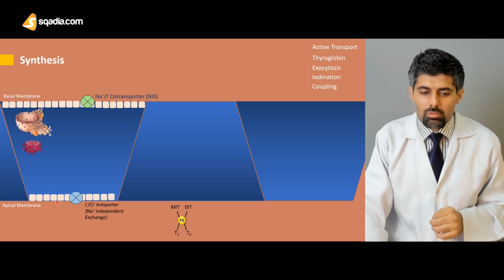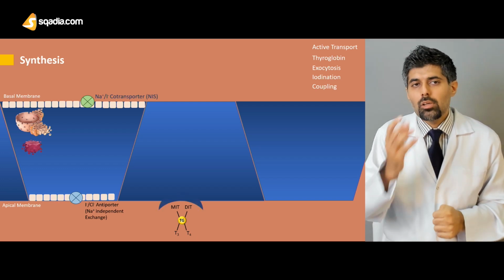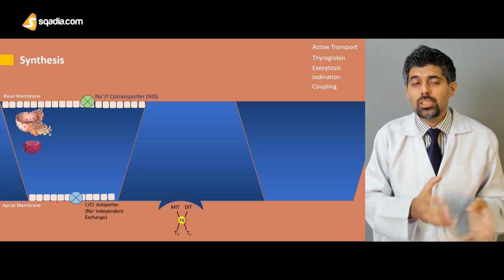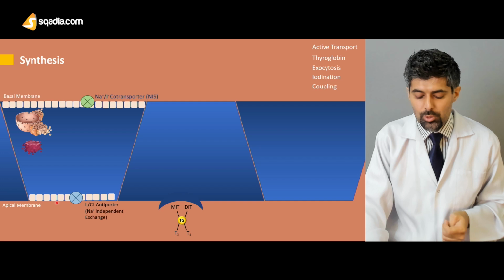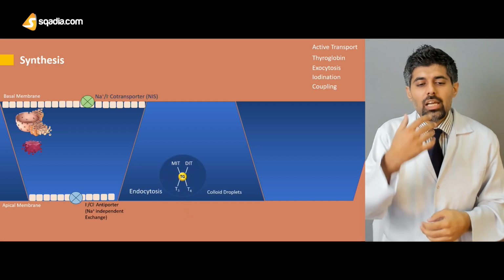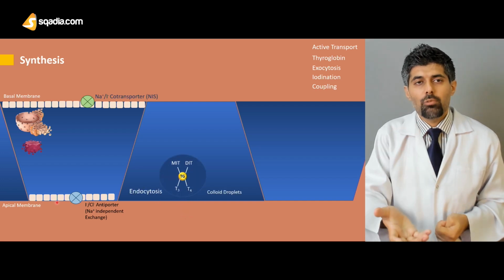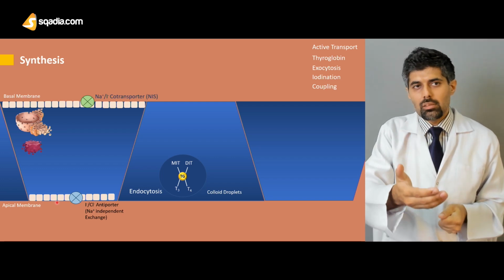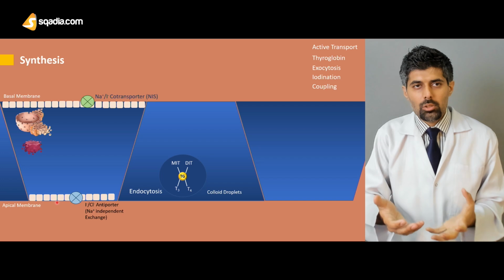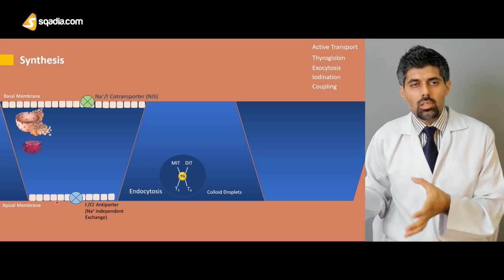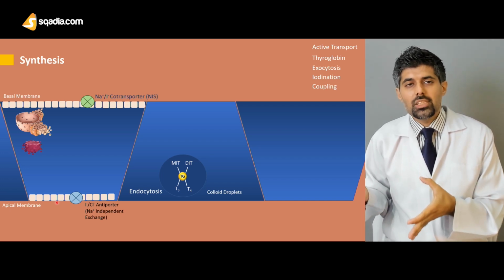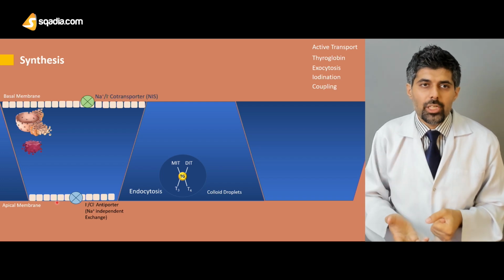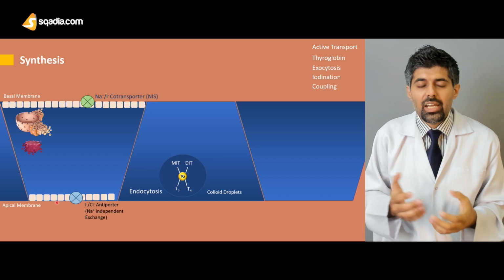So, thyroglobulin whose tyrosine residues have been iodinated moves inward to the follicular cells. Once they move into the follicular cells, or the simple cuboidal cells, they move via what is known as endocytosis.